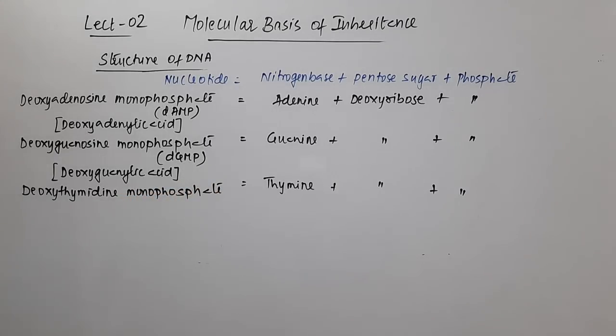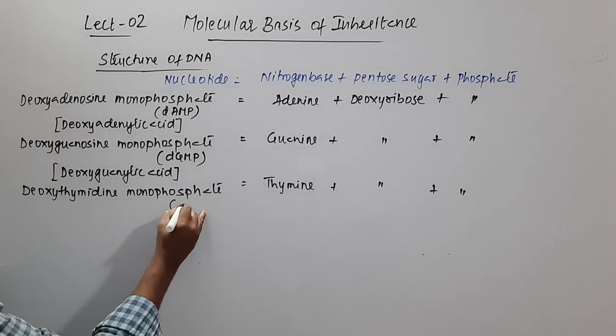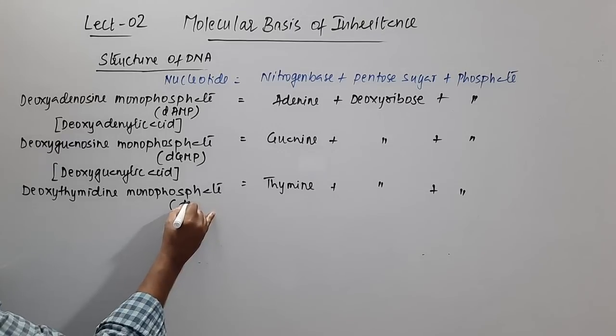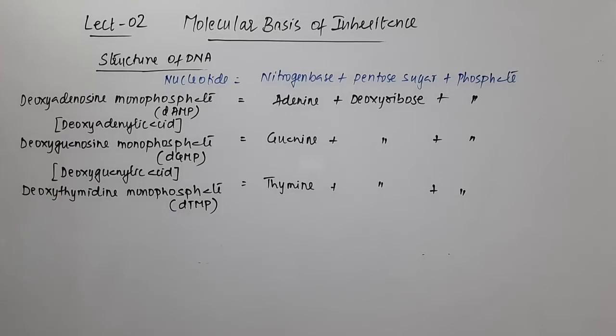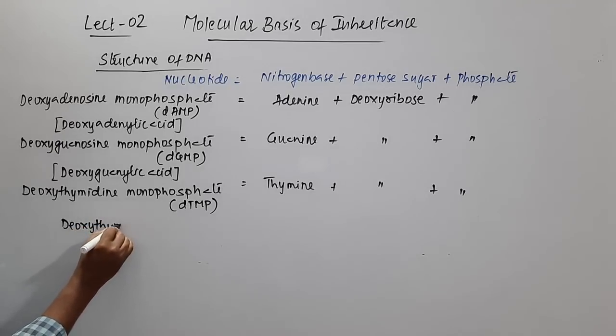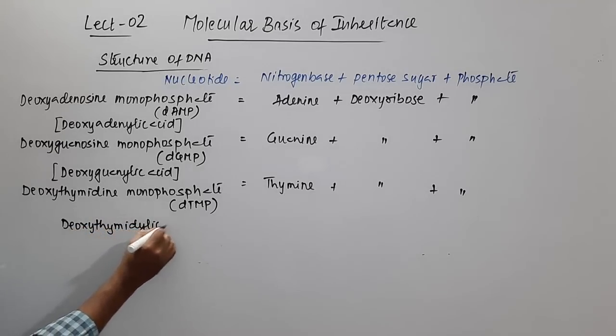In short, I'll call it DTMP, and in other words, it is called deoxythymidylic acid.